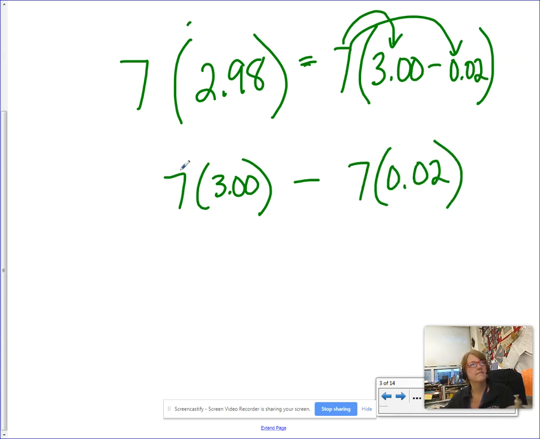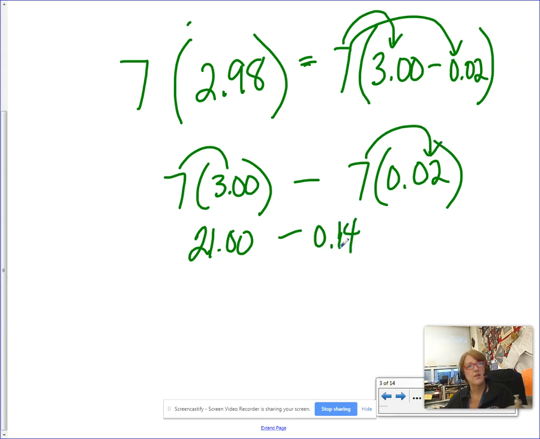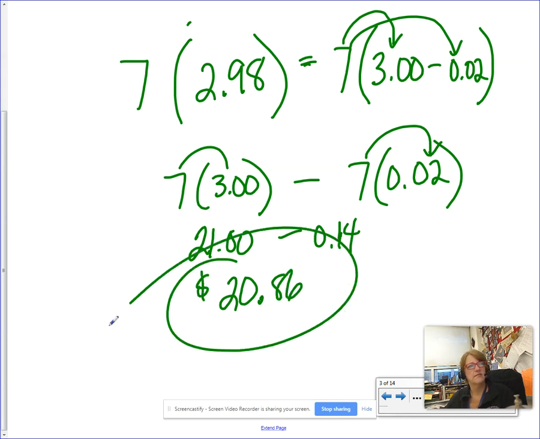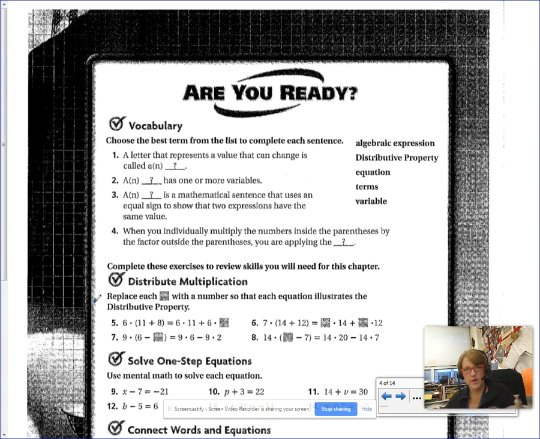Oh my goodness, this is a lot easier to do in my head. $21 minus, multiply these to get 14 cents, which means $21 take away 14 cents. Well, that means take away 10 cents, so I'd have 90 and 4 more means 86. Boom. There you go. So distributive property is helpful when we start simplifying some expressions and solving equations in algebra.